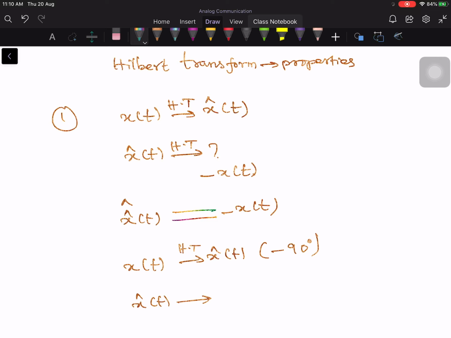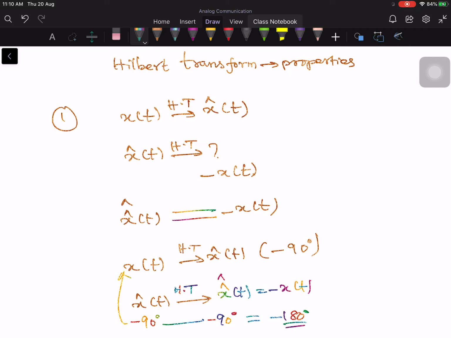X hat of t, if you take a Hilbert transform, it is going to be x double hat of t, which is equal to minus x of t. Why minus x of t? Already you have minus 90 degree phase shift with respect to your x of t, and again you are introducing one more minus 90 degree phase shift. So totally it undergoes minus 180 degree phase shift.